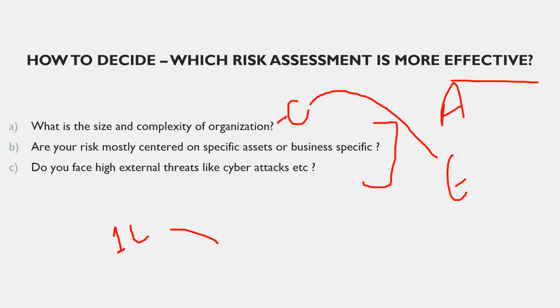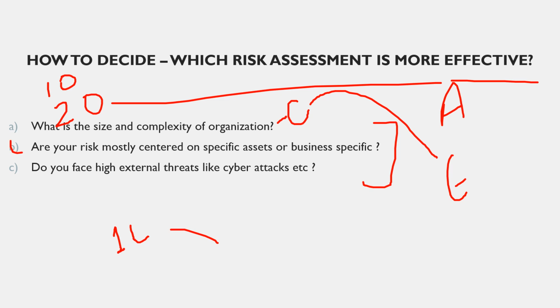However, if your organization has very few assets, for example only 10 or 20 assets, let's go for the asset based assessment. Second question you should ask: are your risks mostly centered on specific assets or on the business? If specific asset risk is there, go for asset based, and if business specific risk is there, go for event based.